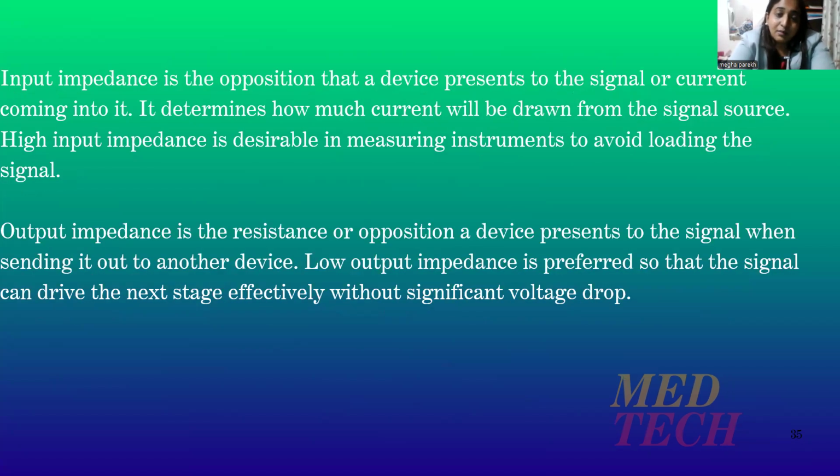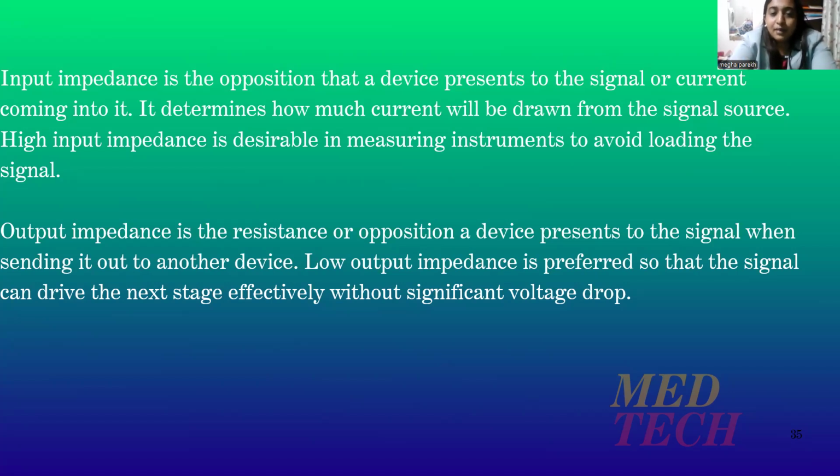Now we will see input impedance and output impedance. In an electric circuit, we understand in detail what input impedance and output impedance are, but here we have to remember that for any instrument, there should be low output impedance and high input impedance.